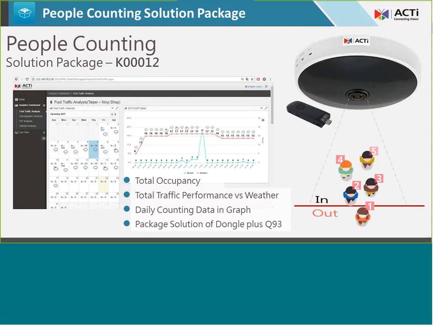For the 2D ones, the biggest challenge is when two people walk together very closely, or when people's heights differ too much and affect the object size in the camera view. There can be some miscounts, but with the 3D camera this can all be solved. So globally, most of our cases now use 3D counters.